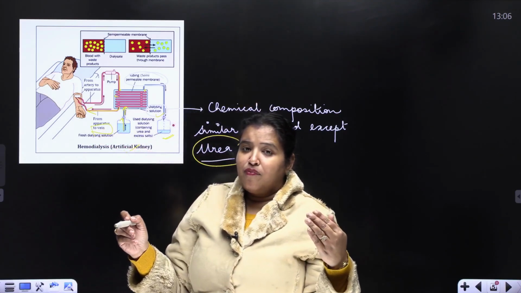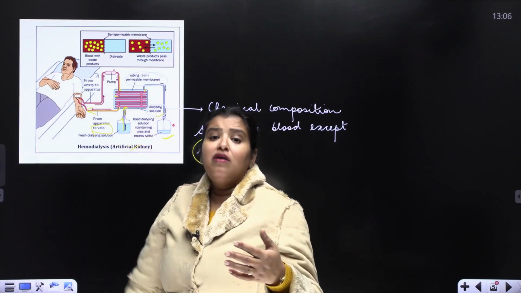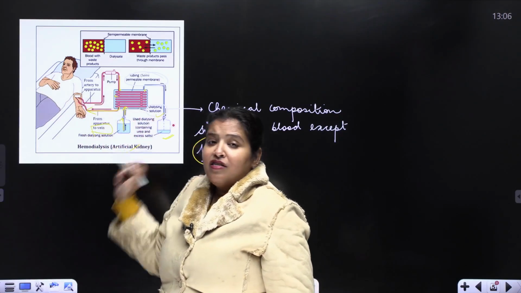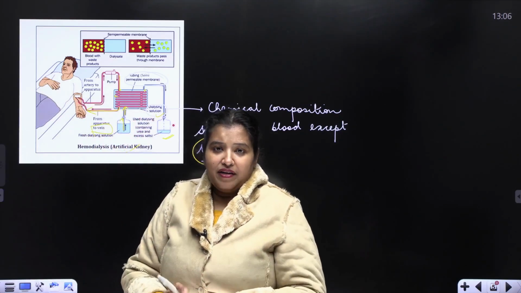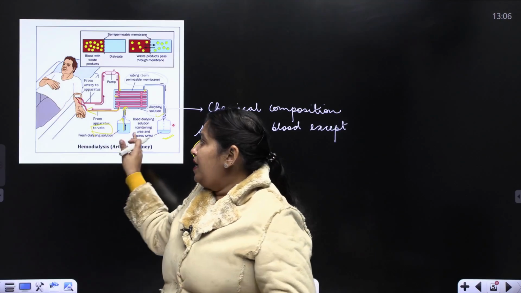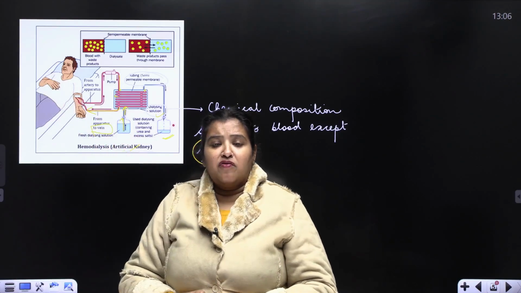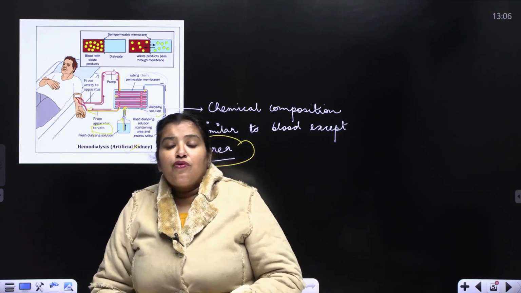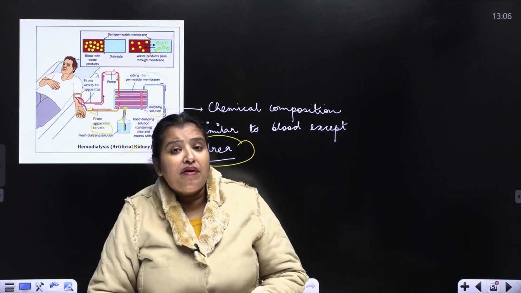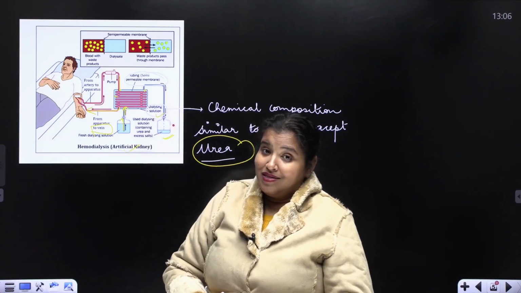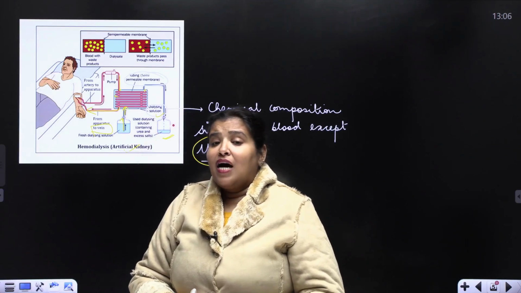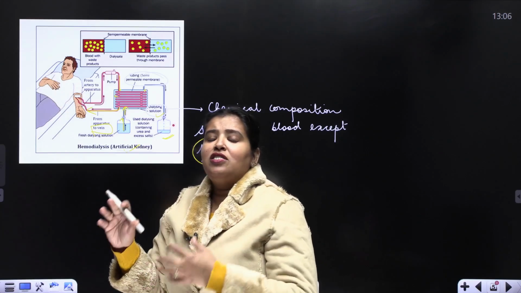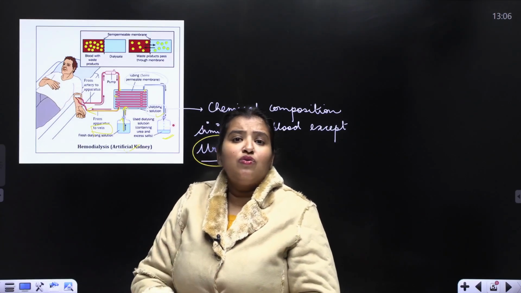The blood is collected from the artery, passed through the dialyzing chamber where the nitrogenous waste is removed, and then the nitrogenous waste-free blood is again released into the body of the patient through a vein. Through dialysis we can only get rid of the nitrogenous waste and some salts, but unlike the kidneys, it will not filter all the waste, nor is any reabsorption going to take place.